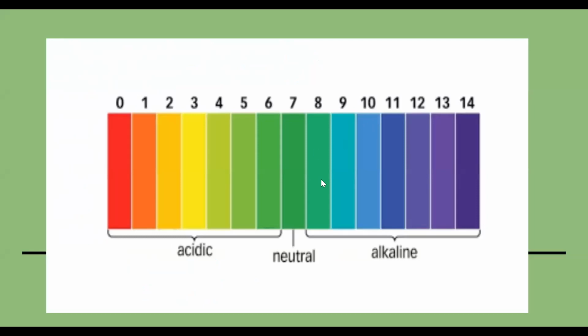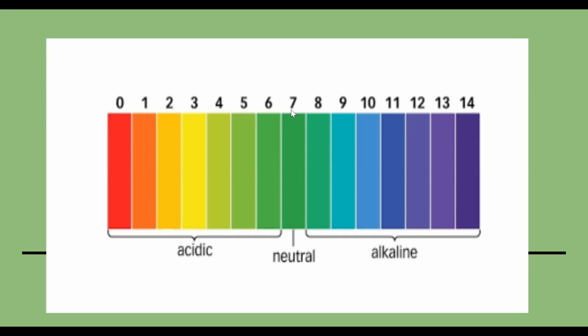Let's look at the pH scale. The pH scale qualitatively tells us about pH, how acidic or basic something is. You see different colors, and the scale goes from 0 to 14, where 7 is neutral, like water.